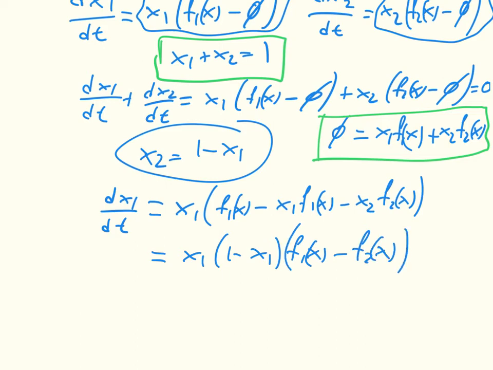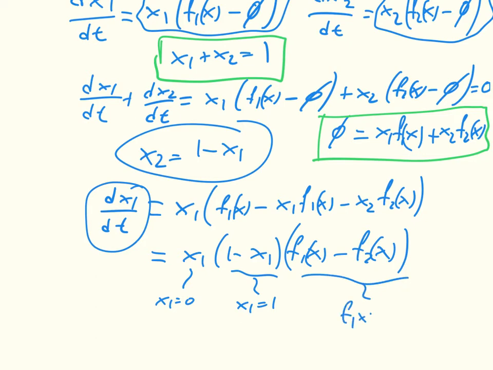It's very similar to before, and what we see is that we have 3 points at which this is going to be equal to 0. And so we have that x1 is equal to 0, we have that x1 is equal to 1, and also we have a given population where the fitness of the first type is equal to the fitness of the second type. And that's the basic ideas behind frequency-dependent selection.